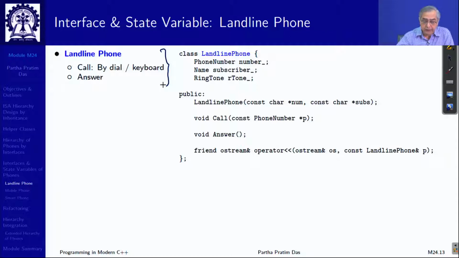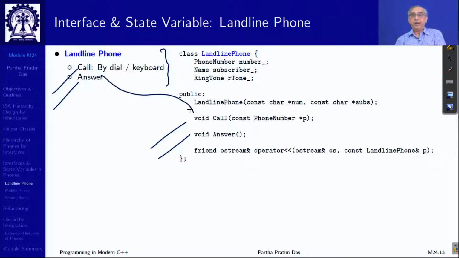So, if we look into landline, there are primarily two interfaces that we had identified. I have dropped the caller ID from here because it makes it a little more complex; this is more for illustration. Corresponding to this call, I will have a member function in the landline phone class, which will call.